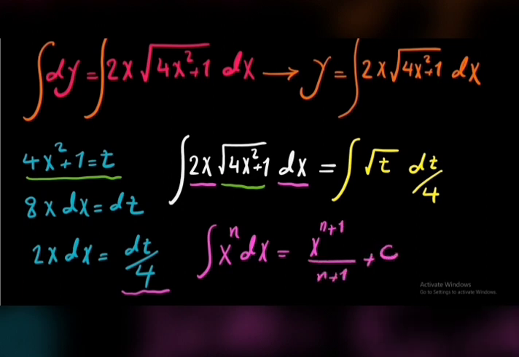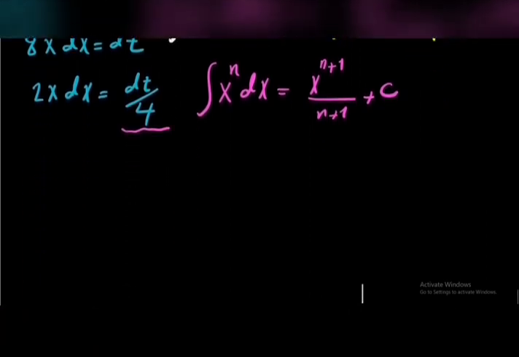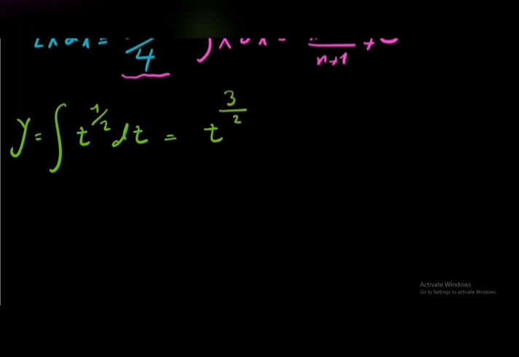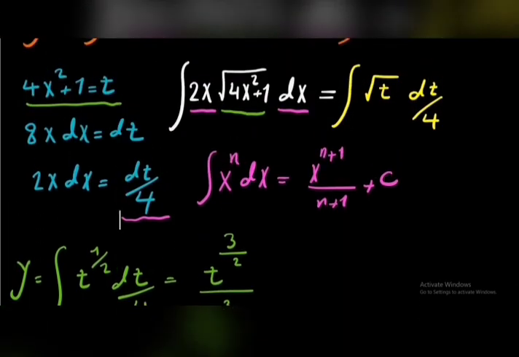So according to this, we can find the integral, and y equals the integral of the square root of t, or t to the 1/2 power dt, and that's equal to t to the power of 3/2 divided by 3/2. We have the dt divided by 4. I forgot it. Let me see. Yes, dt divided by 4.